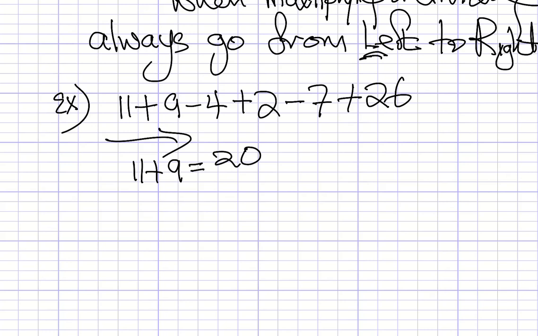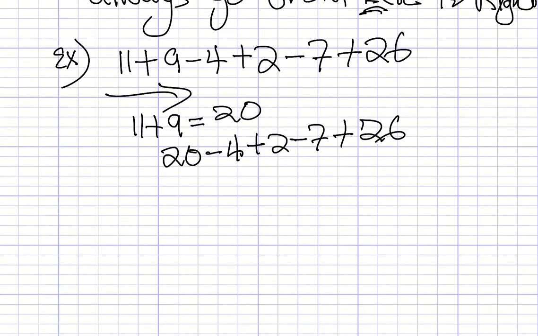And then after you get that, you rewrite the problem. You put 20 here. You say 20 minus 4 plus 2 minus 7 plus 26. So you continue that way. Continue going down. Okay, going from left to right. 20 minus 4 is what?